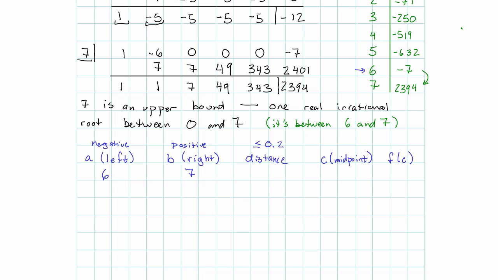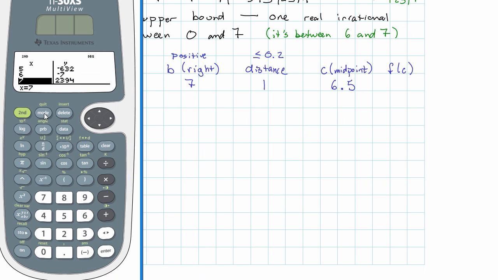So starting out, my left end is 6 and my right is 7. Those are 1 apart, and the midpoint is 6.5. To find f of that, I'm going to take 6.5, store it to x, and enter my polynomial.